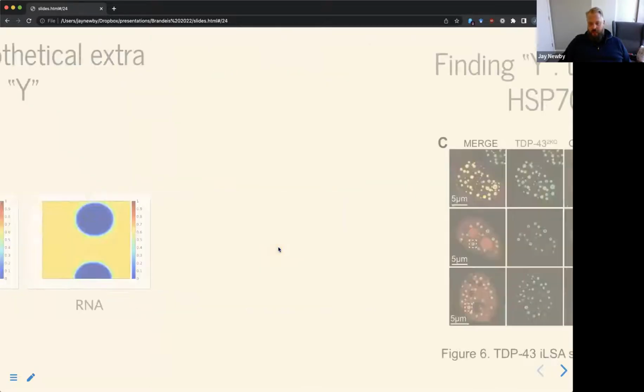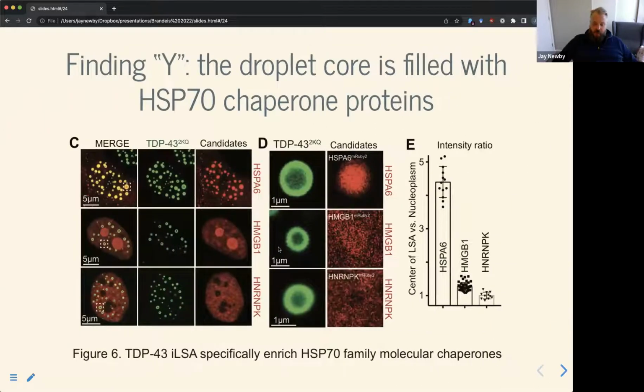So that's what we brought to Ying and Don. We said, go find whatever it is that's inside of these droplets, which was an easy thing for us to ask. Ying, you spent months searching, doing some pretty heroic work, probably very difficult, and ended up getting this very exciting find that there's this HSP70.